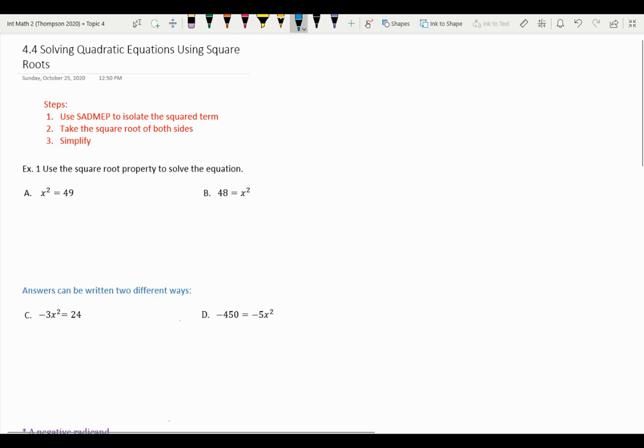Just to remember, when I'm solving, I'm using order of operations backwards. Order of operations is PEMDAS. This is SAD-MEP, order of operations backwards. Then step 2 is to take the square root of both sides, and step 3 is to simplify.